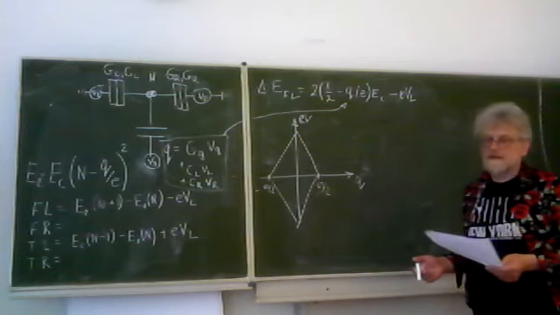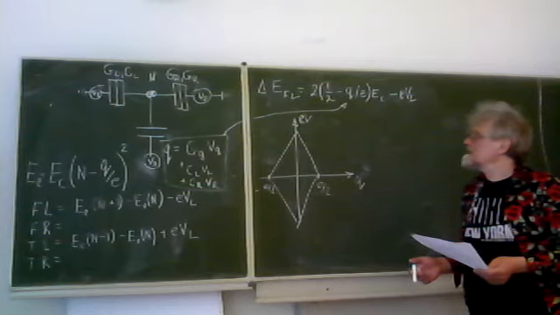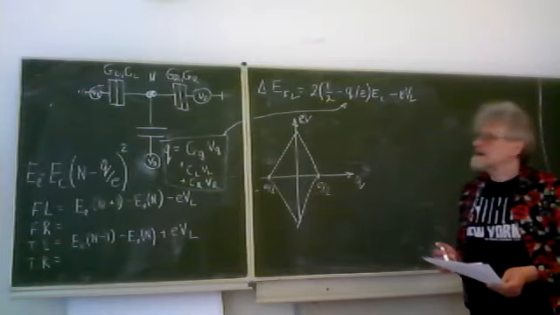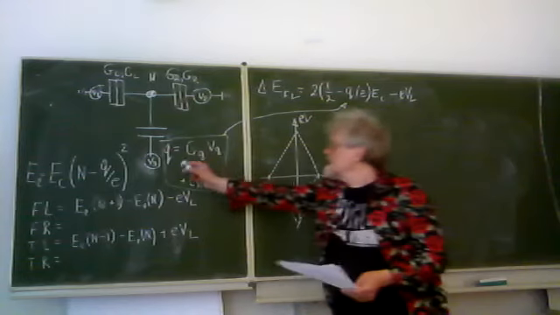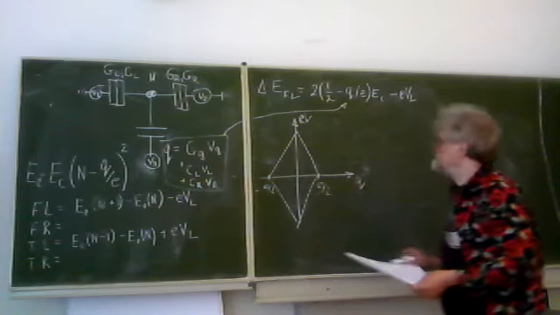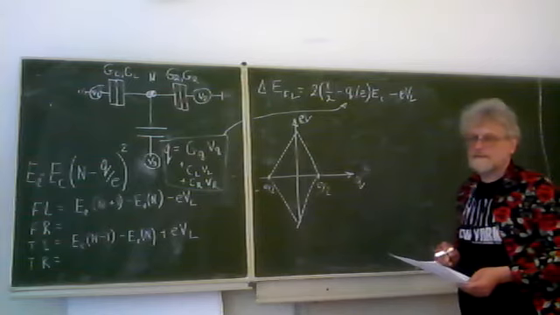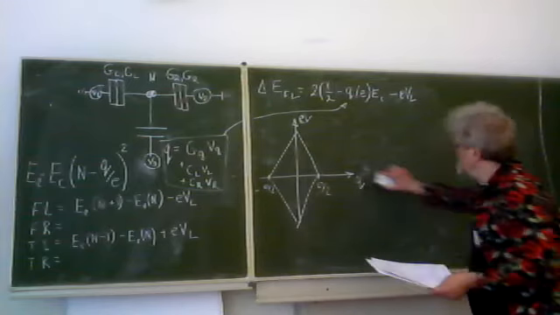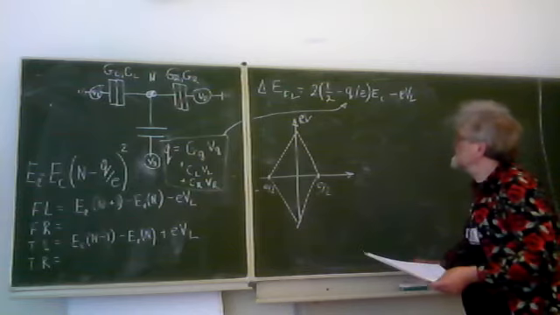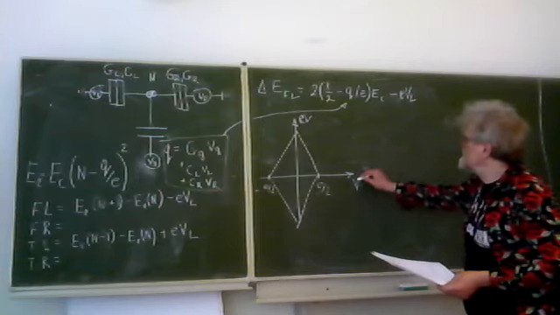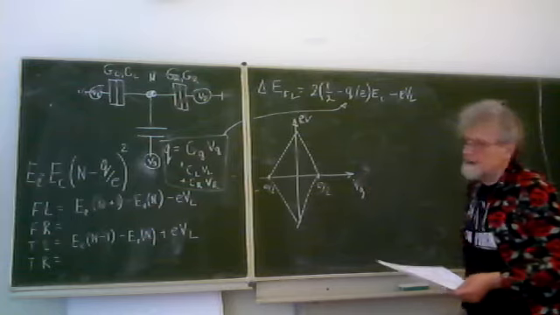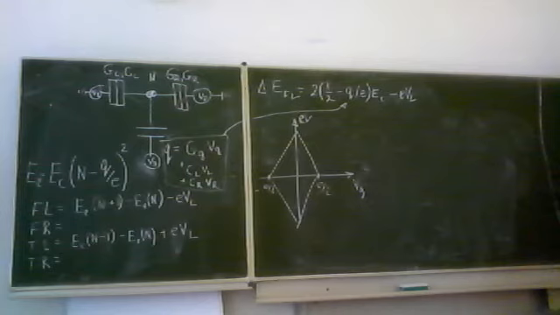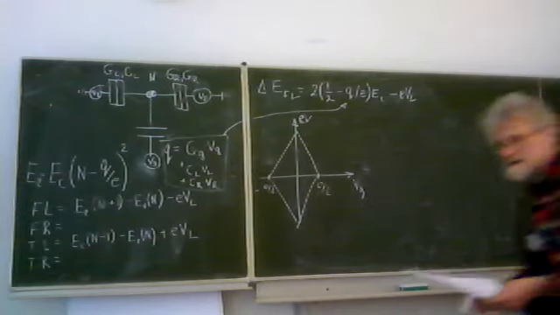The reason for this is that in this case the bias voltage does not contribute to Q. It depends on gate voltage only. If it's otherwise, with gate voltage and bias voltage, the Coulomb blockade diamond won't be symmetric anymore.